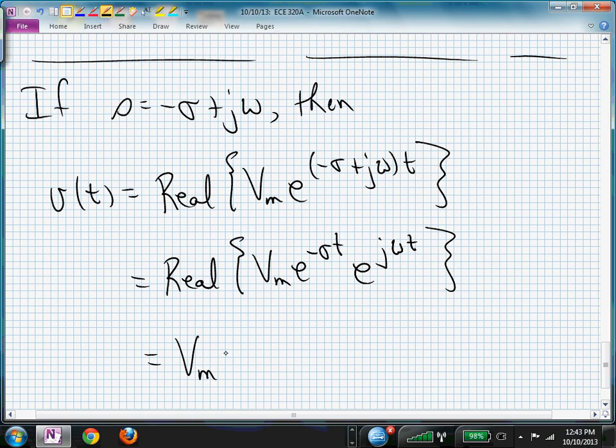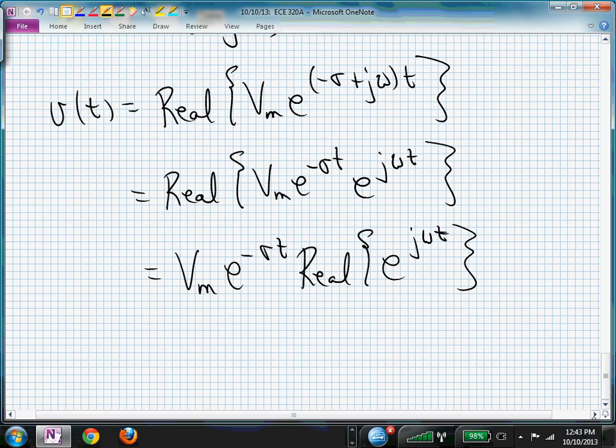So we now have V sub m e to the minus sigma t, the real part of e to the j omega t. And we just learned how we could treat that through that function real. So that now we have V sub m e to the minus sigma t cosine omega t.